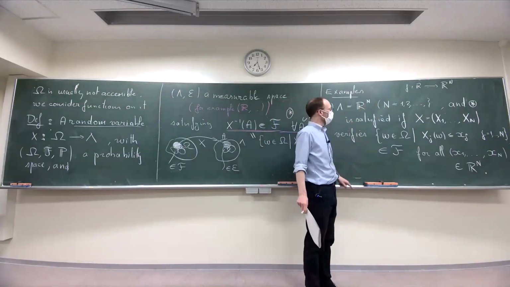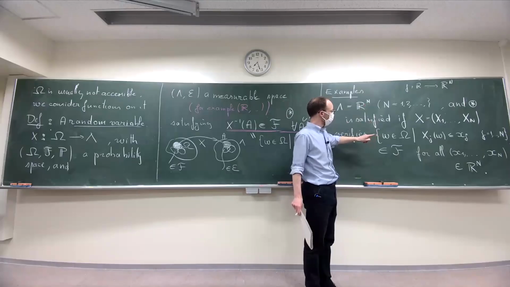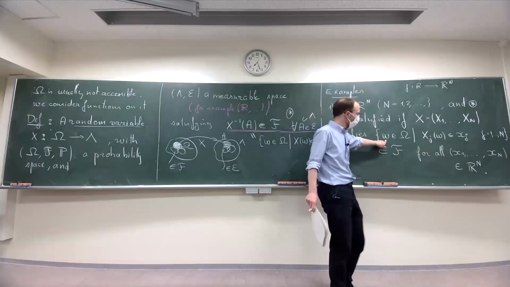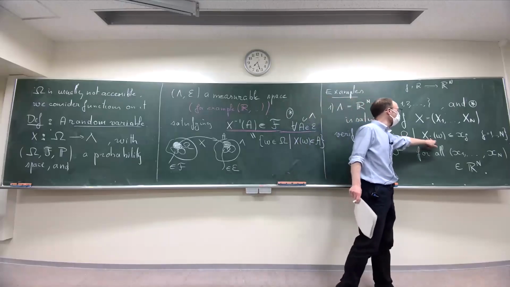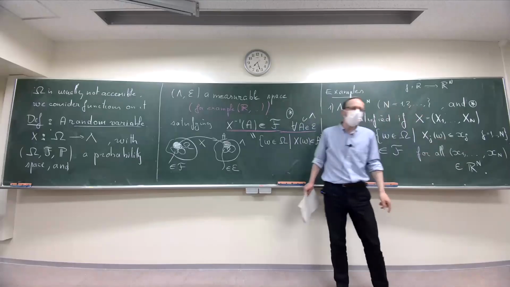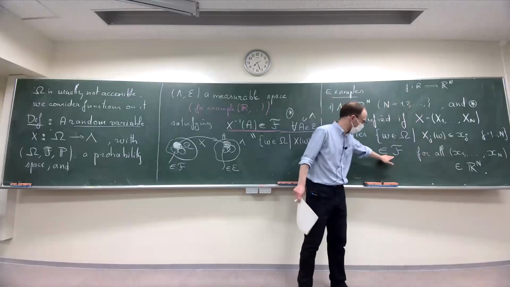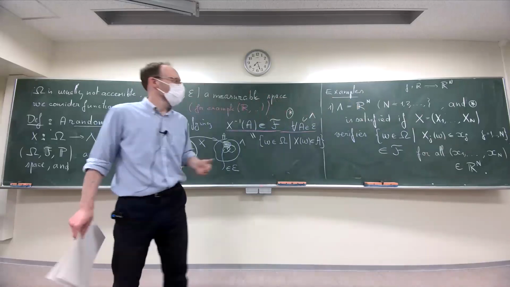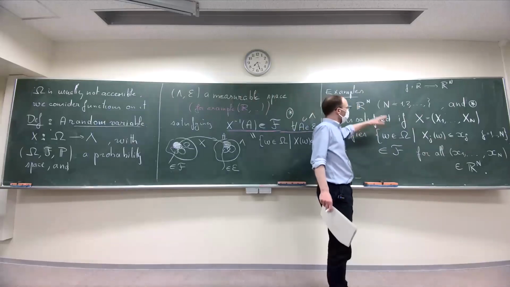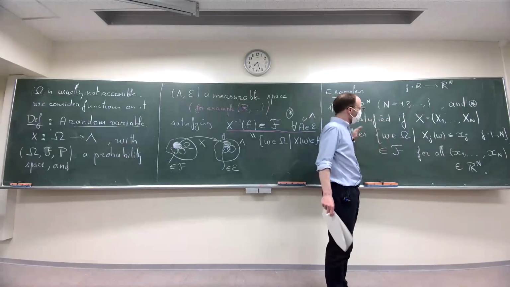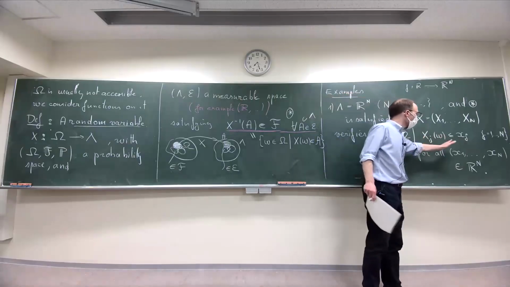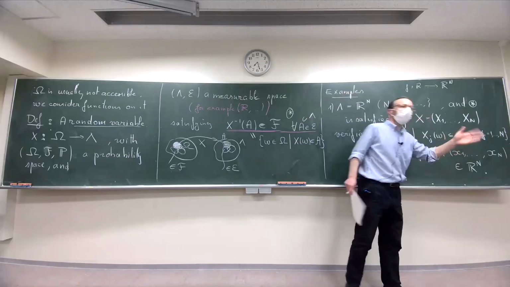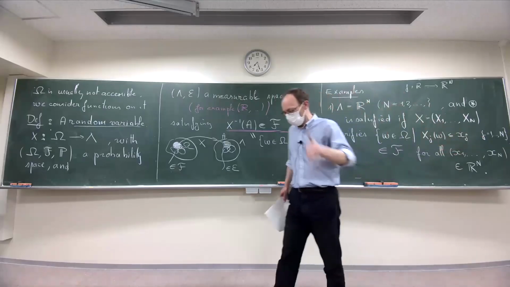If capital N is 1, you only have one condition. You want the set of omega such that X of omega is smaller than any number to be inside F. Why do you need this condition? Because later on this corresponds to measurements, and you want to have a way to measure if a quantity is smaller than a given x.